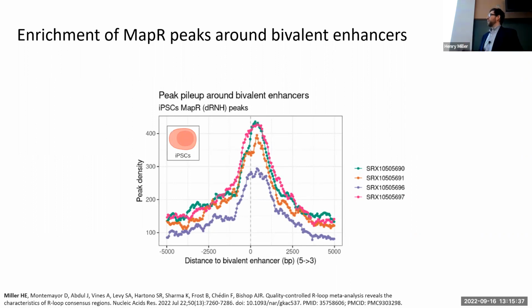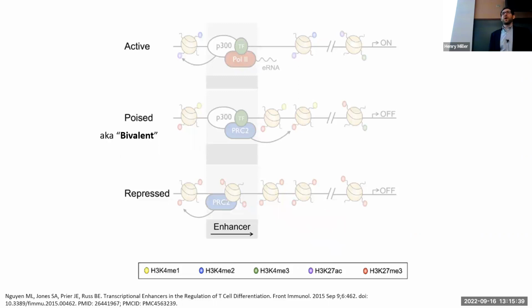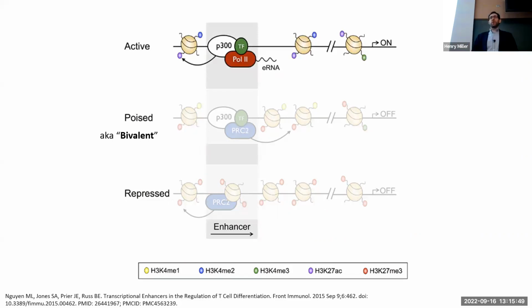So before I go any further, I just want to briefly explain what I mean when I'm talking about types of enhancers. So there's the active variety of enhancers, and basically these have activating histone marks such as H3K27 acetylation, and this leads to the transcription of the target gene.